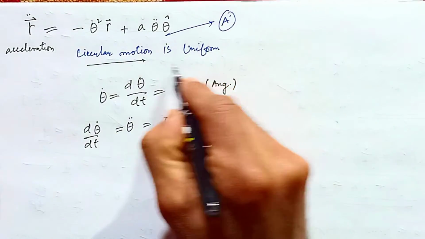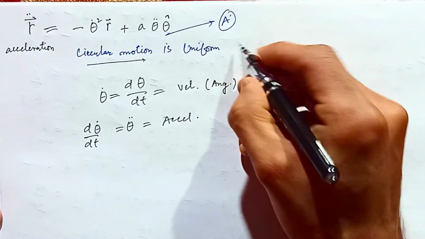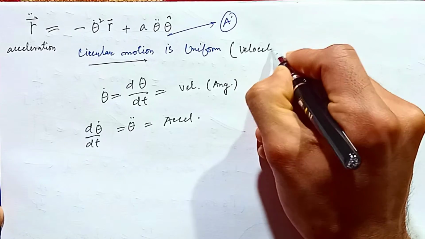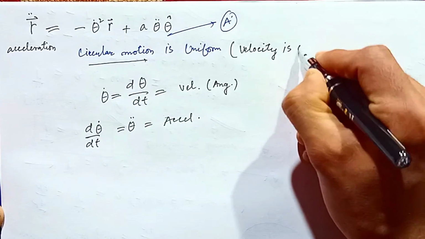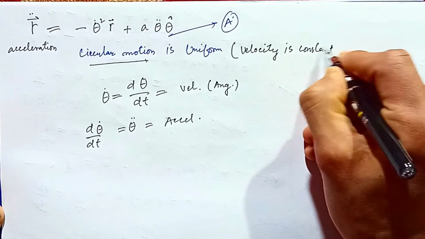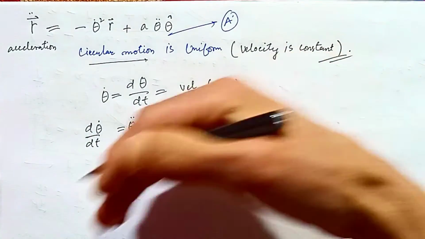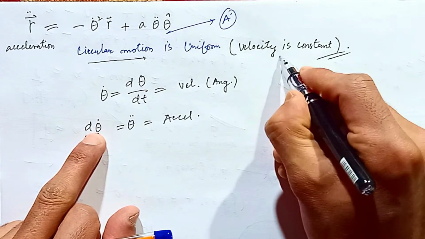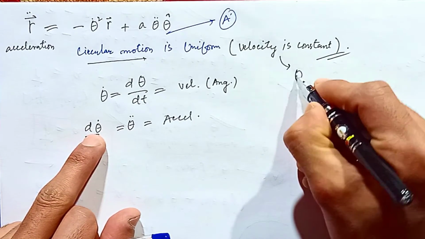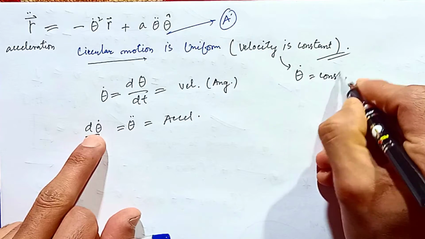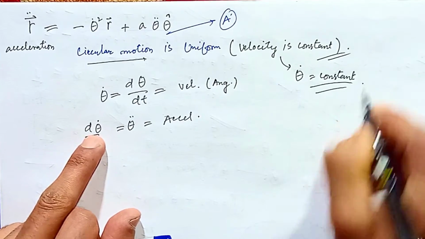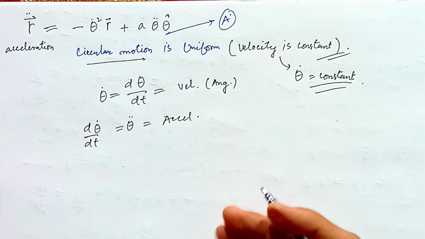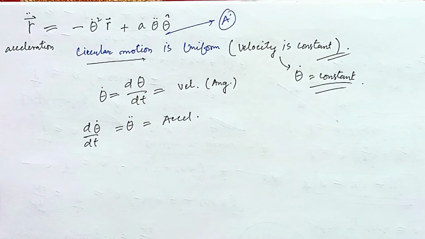So we are considering that the circular motion is uniform, that is, the velocity of the particle, the angular velocity here, is constant, because it's moving along the circular path. So theta dot is constant, and we know the differentiation of a constant term is always 0.